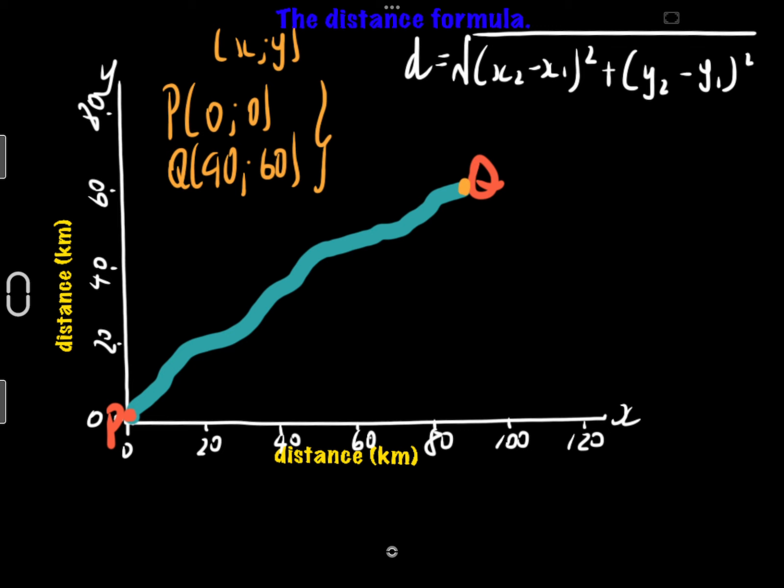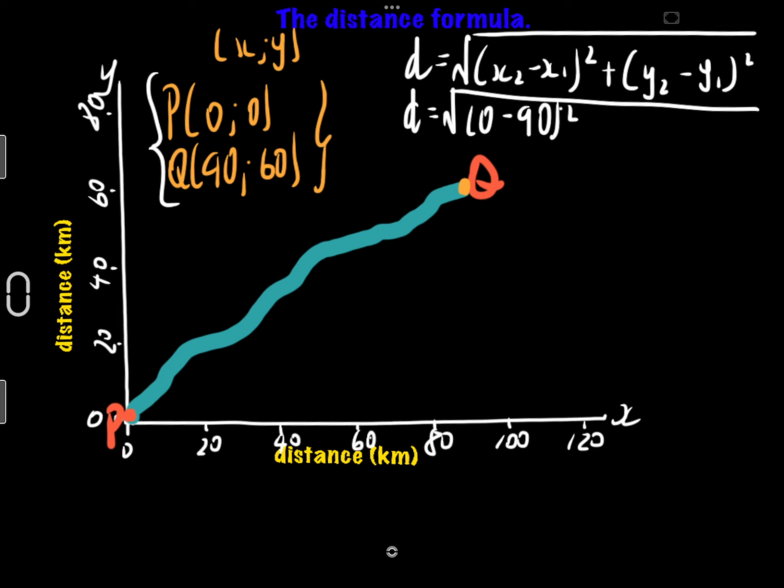Now moving forward, remember we need to find the approximate length of this river section, or this course. So now we have d for distance, and we need to plug these parameters into our formula. I'll start with P, where x at P is 0, minus x at Q, which is simply 90.